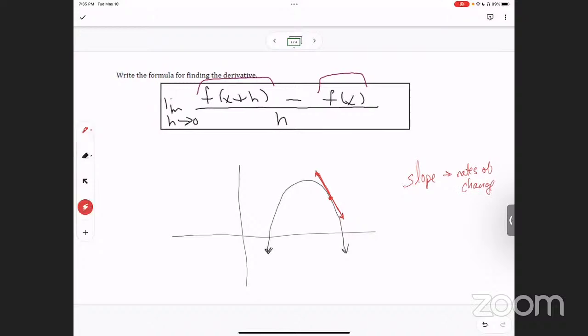Does this red line that I put here, is that a positive slope or a negative slope? Negative. That's right. And what if I put a line over here? Is that line a positive slope or a negative slope? Positive. Good. And what if I put a line up here somewhere? Does that line have a positive or a negative slope? Positive still, but it's smaller than the first one I drew, right?